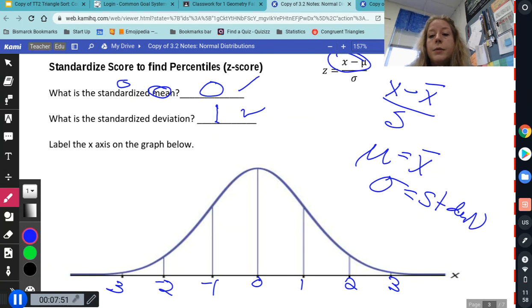And this is nice because we can compare all scores. We can do ACT scores, SAT scores, weight, height. And once we standardize them, they all fit in the same pattern, where we have one standard deviation unit and everything is labeled by z-scores or standard deviations away from the mean.